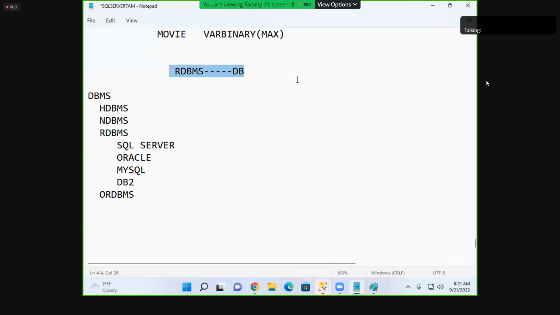Just for understanding, for example, every day I come to Naresh IT by using a vehicle. Vehicles are of different types: two-wheeler, four-wheeler, etc. I come to Naresh IT by using a two-wheeler.